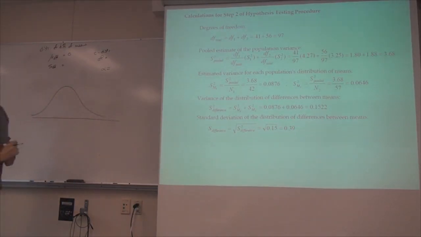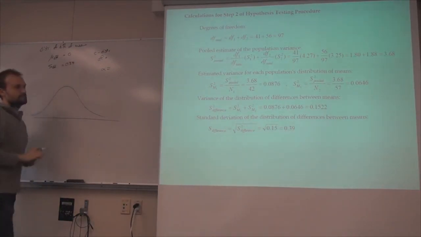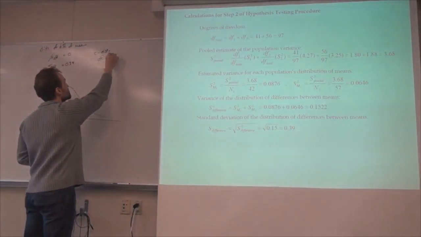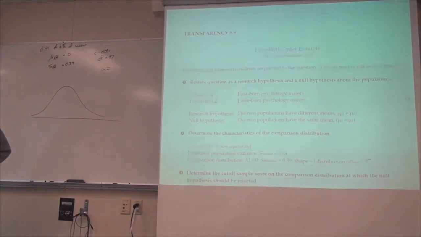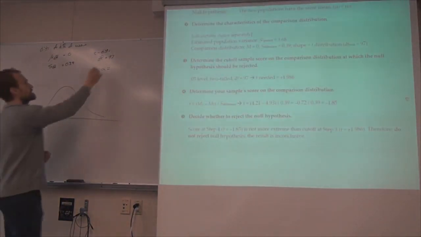So in this case, I get 0.39. Degrees of freedom is 97. And let's go to my hypothesis test, where I'm deciding on 5% again.